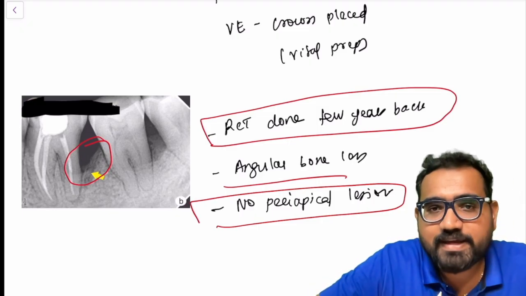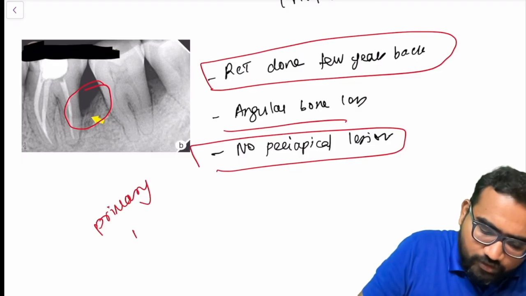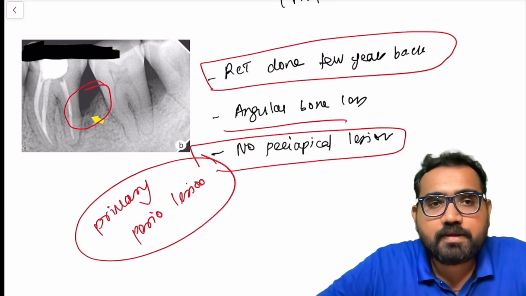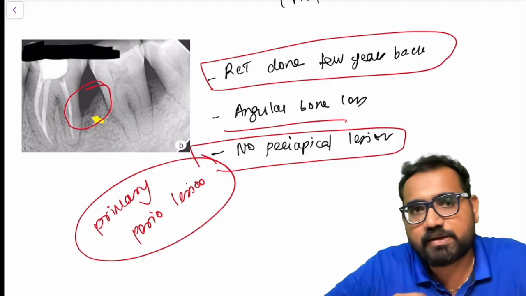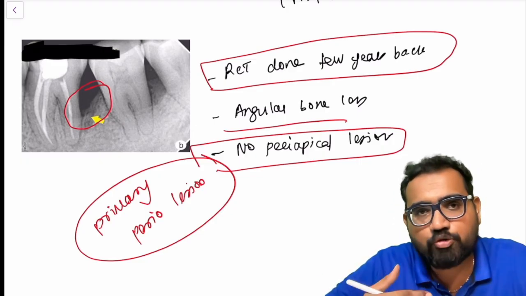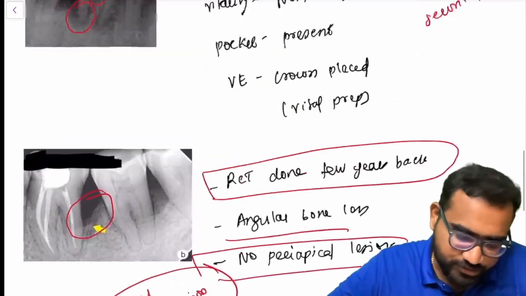This is a case of pure primary periodontic lesion. Okay, so the reason might be because of food impaction. So what I'll do, I'll just do phase 1, evaluate, raise the flap, place bone grafts, and suture it off. So this is a case of primary periodontal lesion.